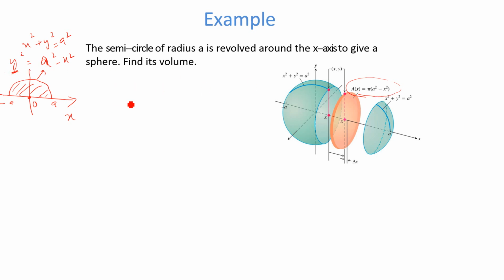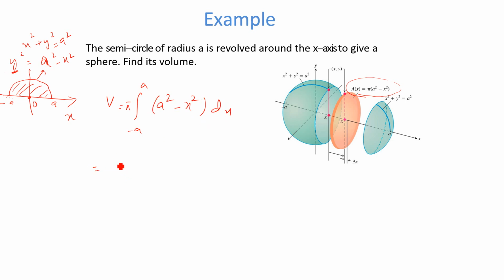Now in order to find the volume, we have to integrate it. Now what is the limit for x? x varies from minus a to a. So pi, integral from minus a to a of r squared, that is a squared minus x squared, dx.